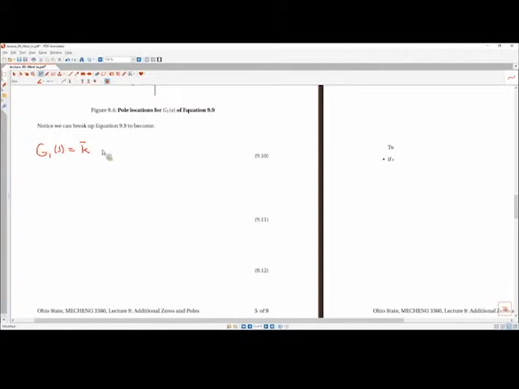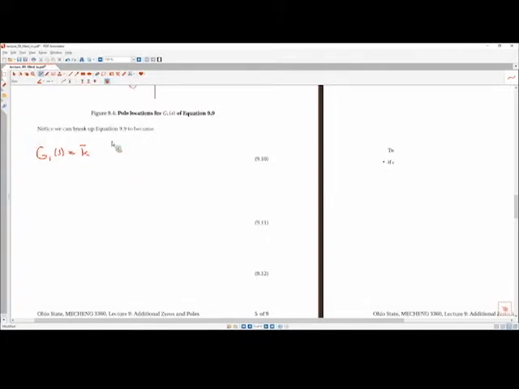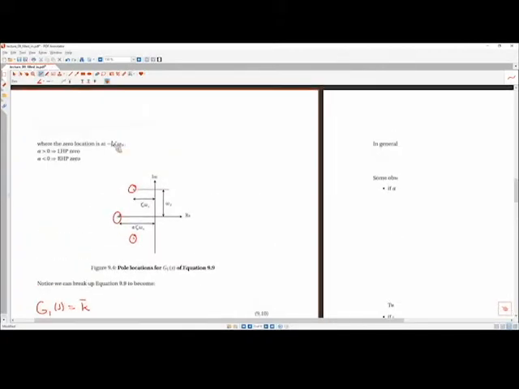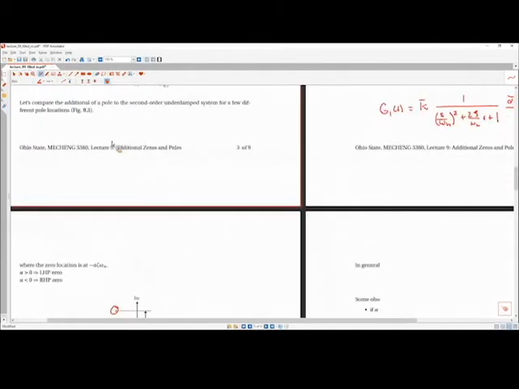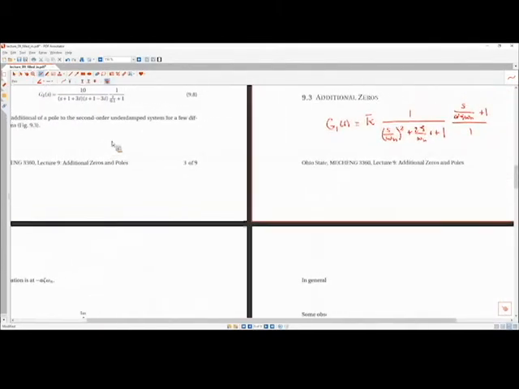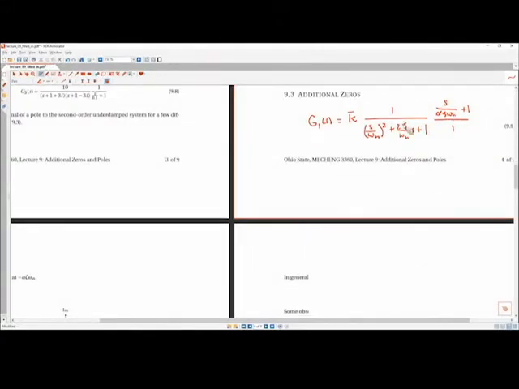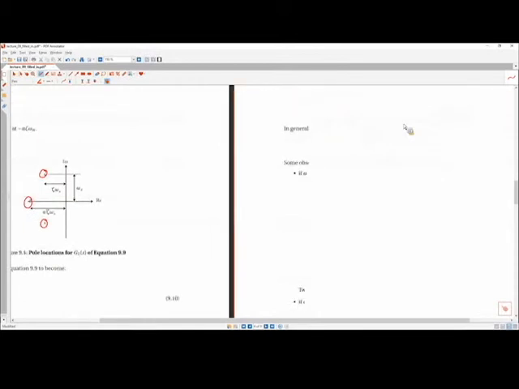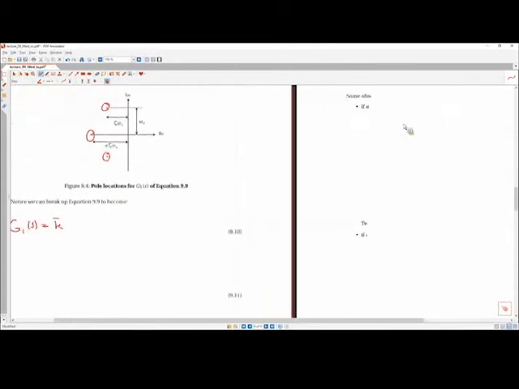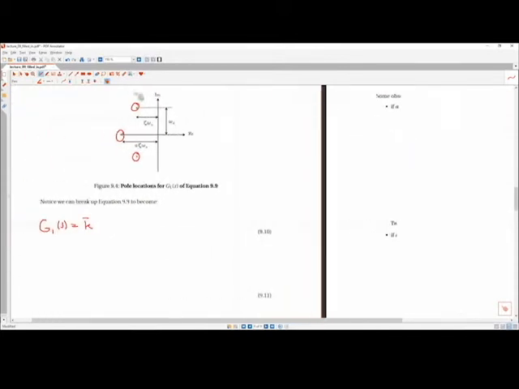Going back to this equation here, we can split numerators very easily. We can't split denominators so easily. So we're going to split up this numerator in terms of 1 over this whole term, and then S over alpha, zeta, omega n over this whole term. So two denominators that are identical.